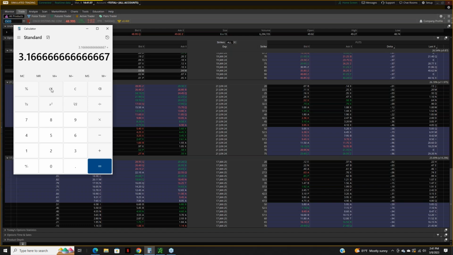Anyway, the point is that it's not a big enough threat for us to avoid it. I'd rather have the $2 than be worried that I'm going to be assigned Cisco at $50. That's not a big deal. I'd rather have the $2 now towards my trade to take $1 off of each of my longs.